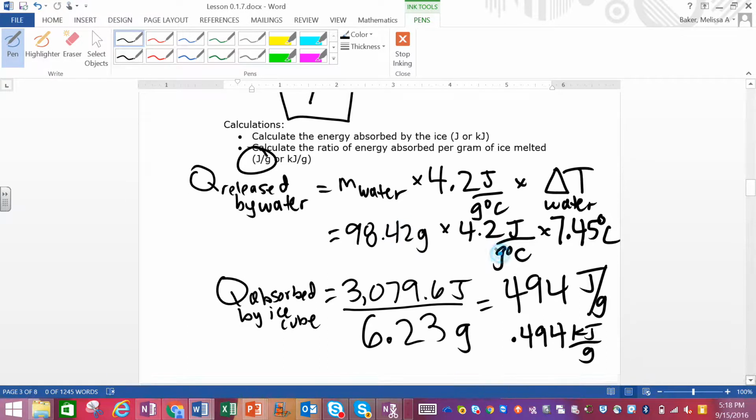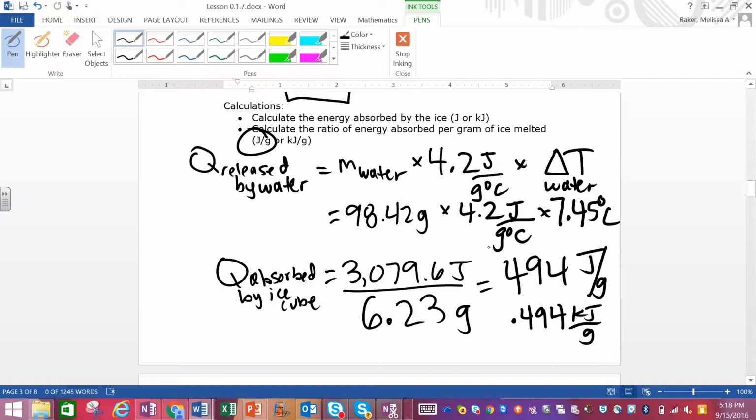Okay, cool. And in case you're curious, we've been doing these calculations in joules, but we could go back and figure this out in calories. It's the same thing. Mass of the water, 98.42. The specific heat in calories is 1 calorie per gram degrees Celsius multiplied by the change in temperature.